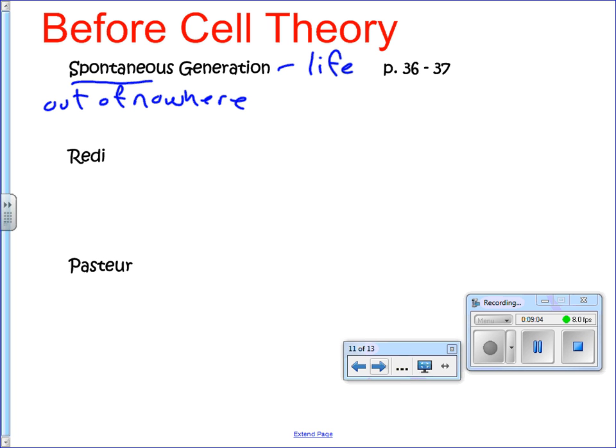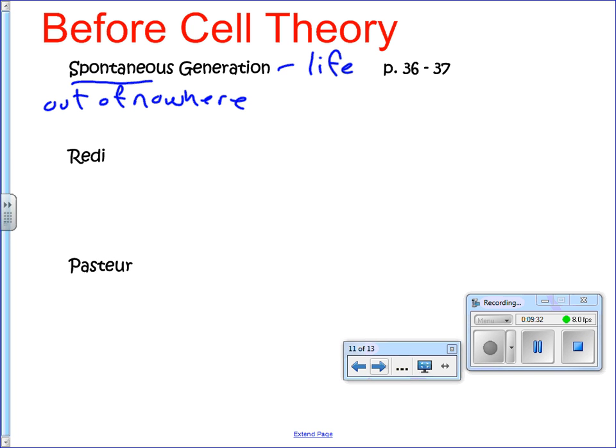Now, this might seem preposterous to you and me, but from what they observed, have you ever left some fruit out on the countertop and then all of a sudden there's these little fruit flies that just came out of nowhere? Well, they thought, well, the fruit flies must have just come out of the fruit. The fruit must have made fruit flies. Or if you have a compost pile with some nice soil and rotting food and plants, that would create worms and flies.